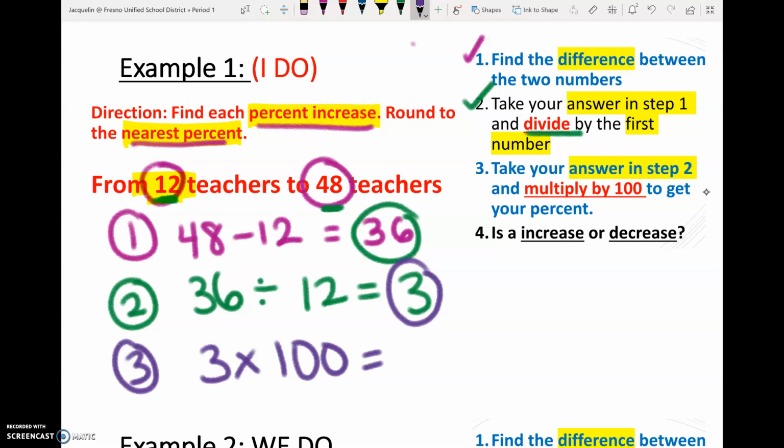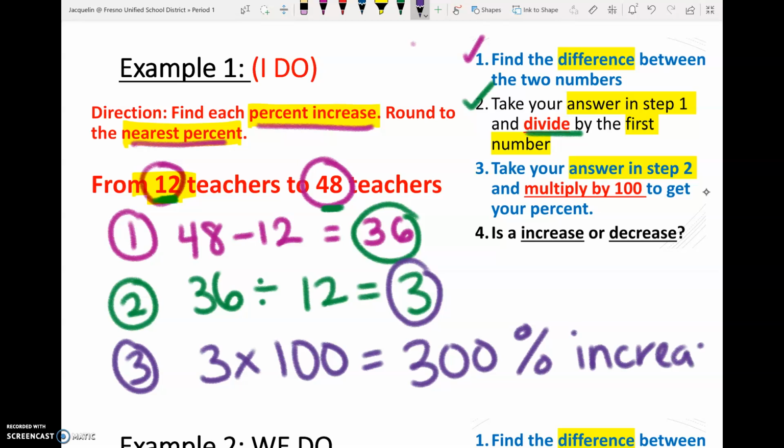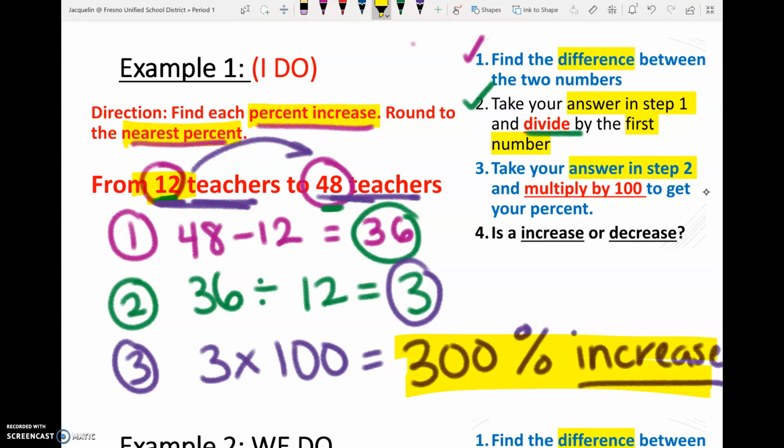And 3 times 100 is 300, and it's a 300% increase since it went from 12 teachers to 48 teachers. That should be an increase. So my answer is 300% increase.